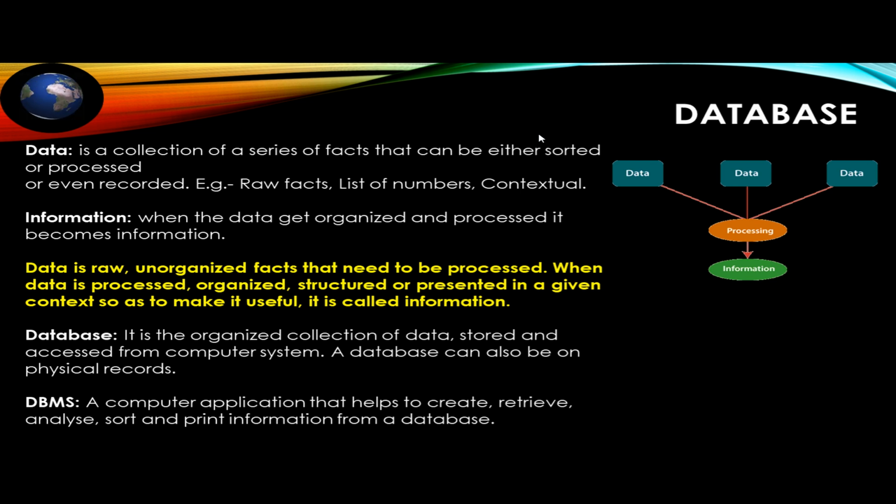So they will have a proper register. It can be a physical record or it can be a computer record, like a soft copy, like we can make in our Excel sheet or in any record in a Word file or something. So like that people can make records. That's called a database, where we can store the information. This organized information can be stored in your computer system or in a physical record.